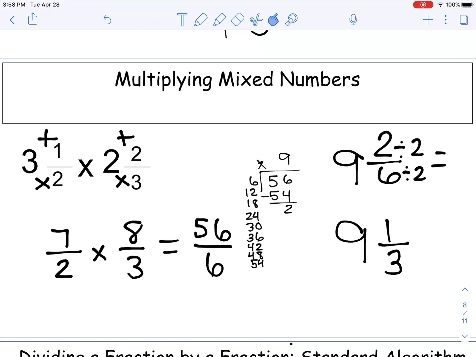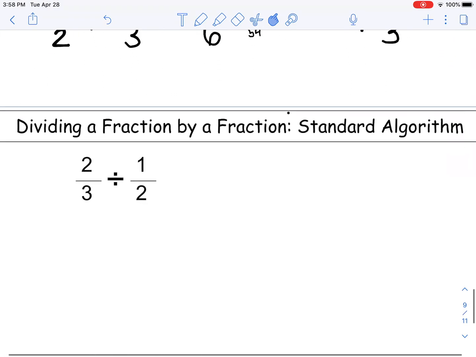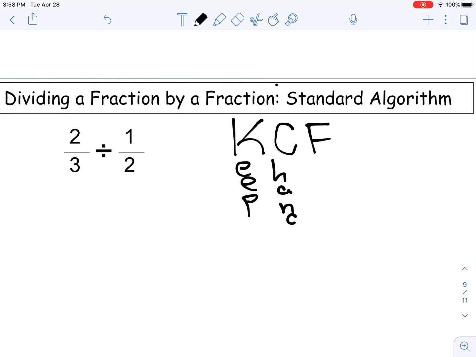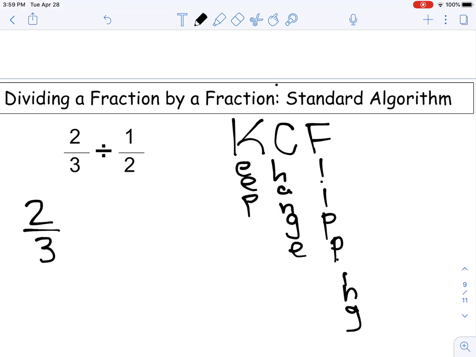So you'll be doing some multiplying fractions, fractions and whole numbers, and mixed numbers. Last thing, dividing a fraction by a fraction. Remember our good friends KCF. Don't confuse them with KFC. We're keeping, we are changing, and we are flipping. Okay? So keep that first fraction the same.